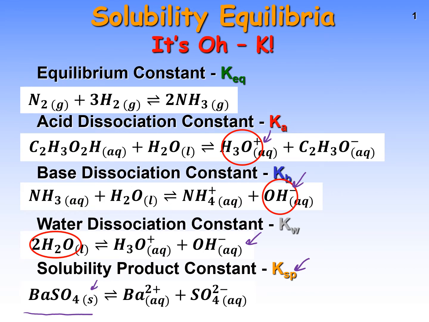And that is true of pretty much all solubility equilibriums. We start with the solid and we dissolve it into its ions. Now, what this means is, if you remember, solids we do not include in the equilibrium expressions, so KSP is always just something times something, with no denominator. So let's get a little bit more into this.